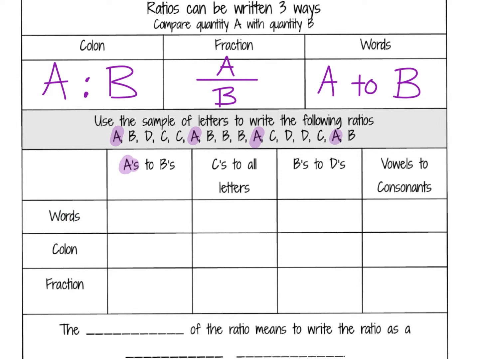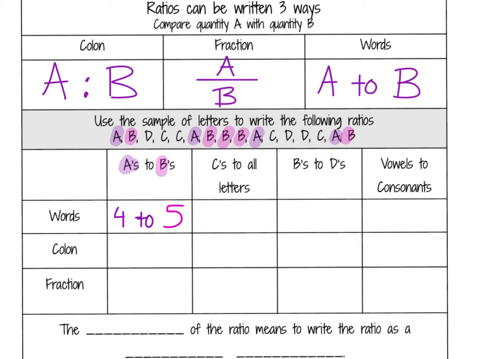So with words, I'm going to say 4 to 2. And then we're going to count how many B's there are. There's 1, 2, 3, 4, 5 B's. So the ratio of A's to B's is 4 to 5.